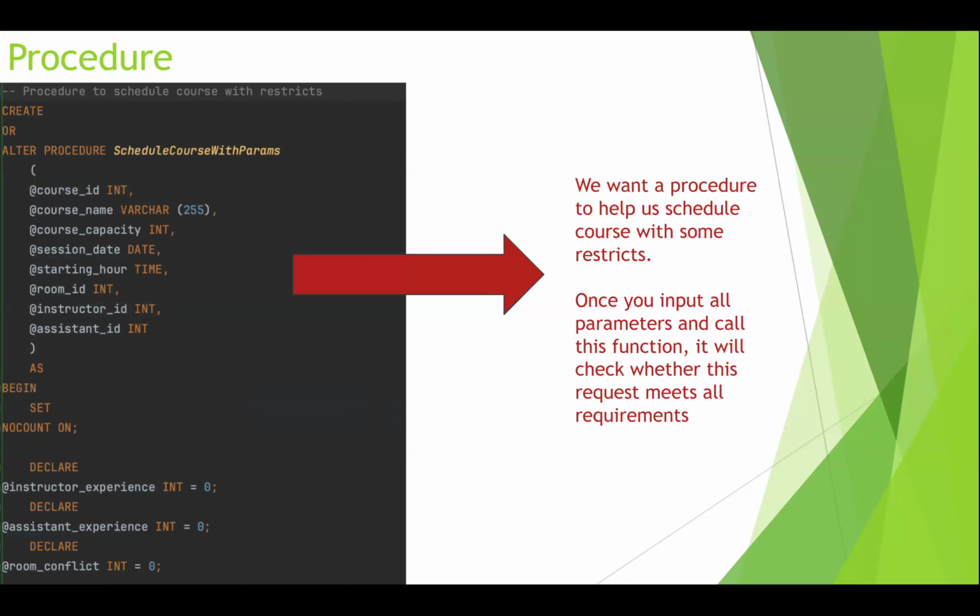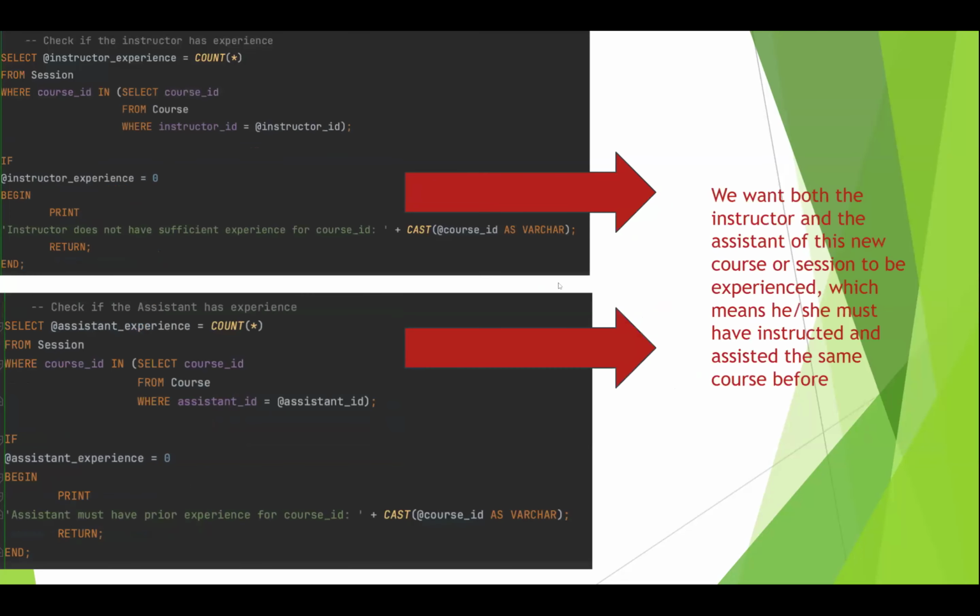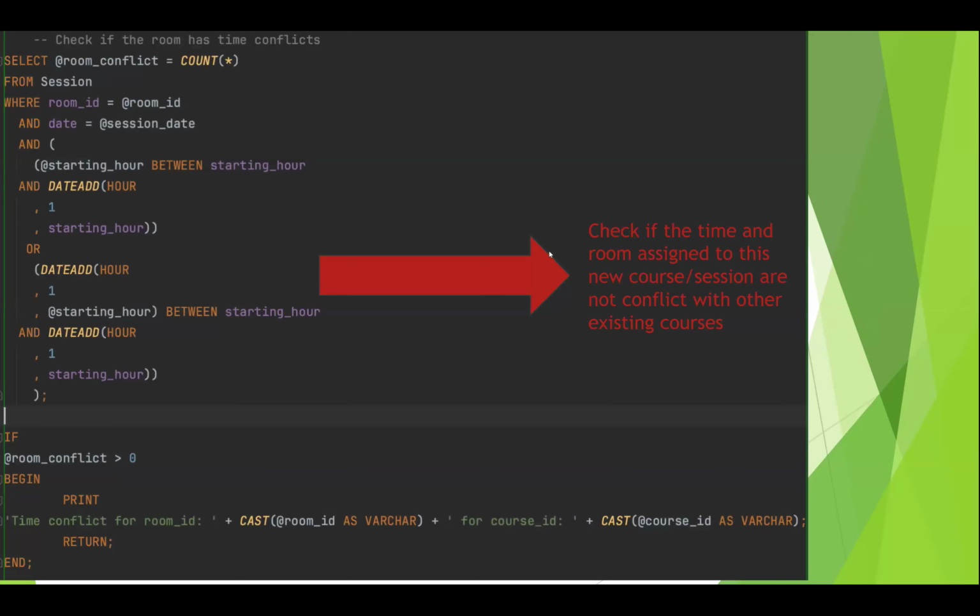Next, this is the first check of the procedure. We want both the instructor and the assistant of this new course or session to be experienced, which means they must have instructed and assisted the same course before. And the next check is to check if the time and the room assigned to this new course or session do not conflict with other existing courses.